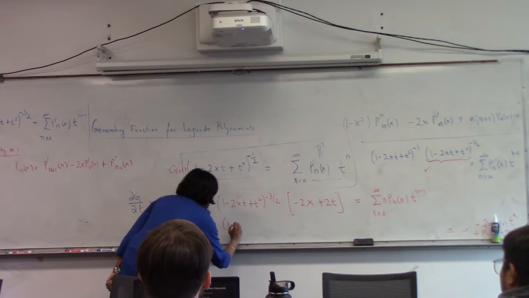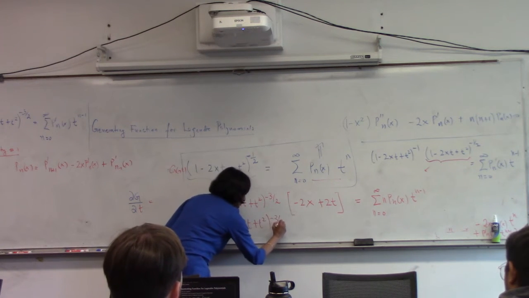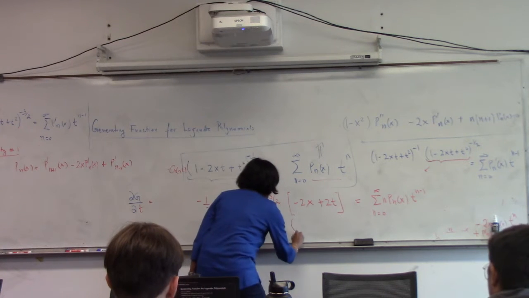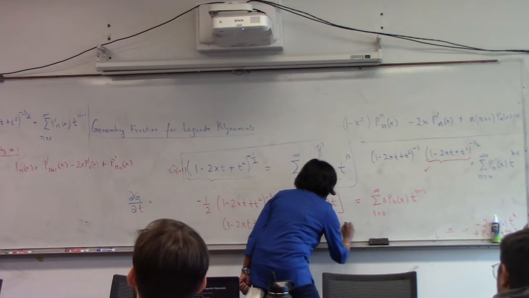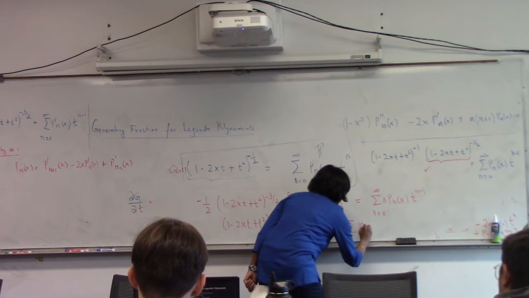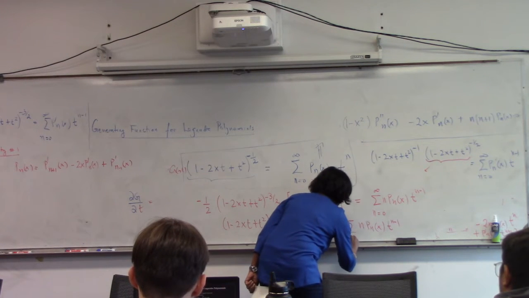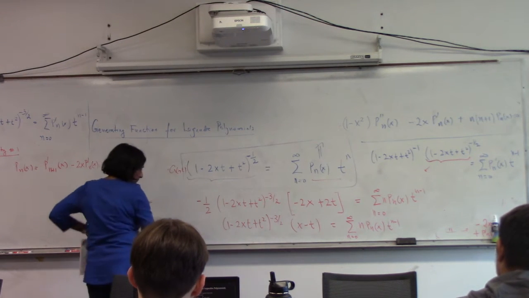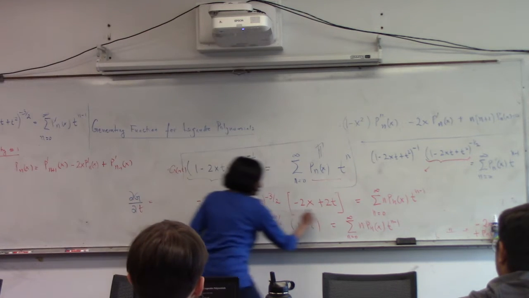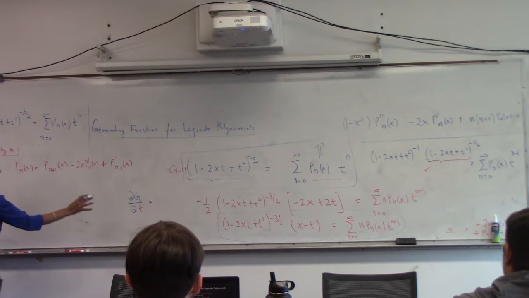So I have another expression here: x minus t is equal to summation n Pn of x t to the power n minus 1, n going from 0 to infinity. I'm going to write down this part also separately before I get the identity.